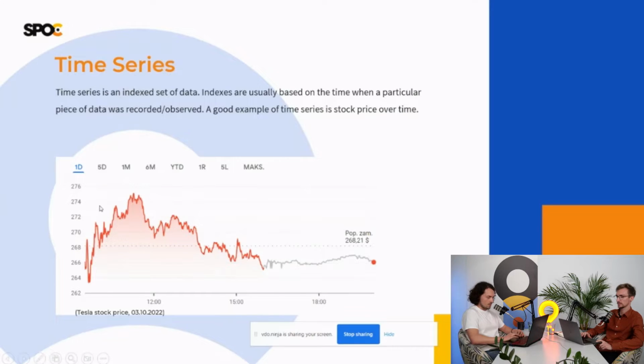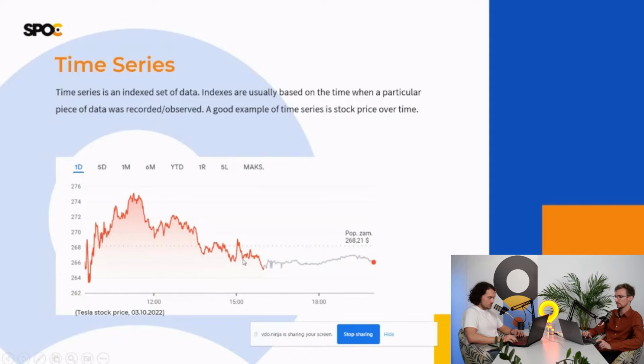So you have some samples of your data across the time domain, and they are usually presented on a graph like this one, where you have on the x-axis the time domain, and on the y-axis some values. Here you can see the stock price of Tesla from a couple days ago.